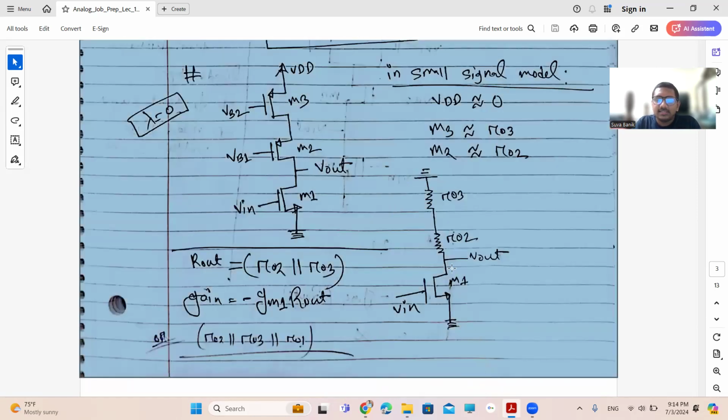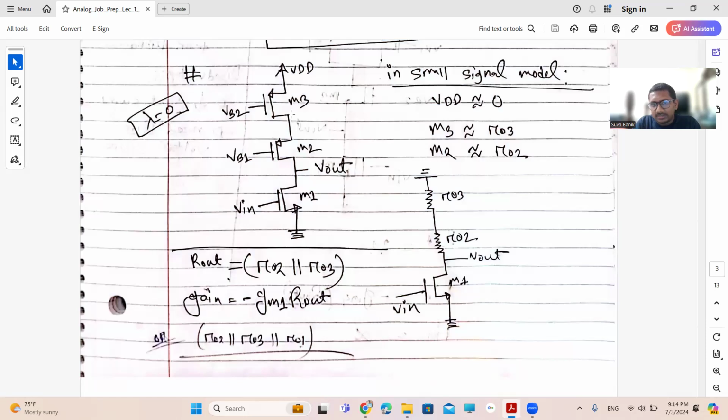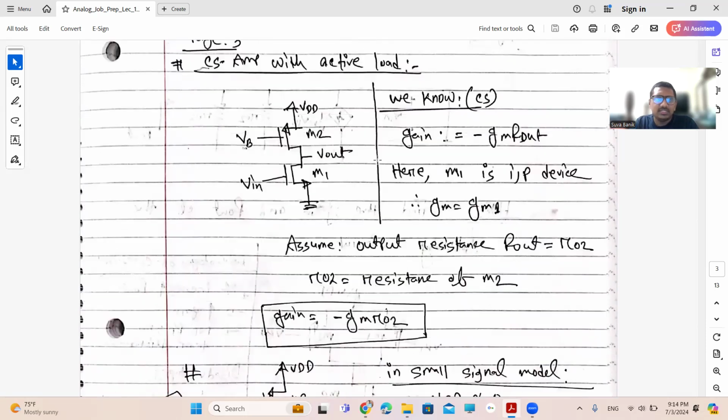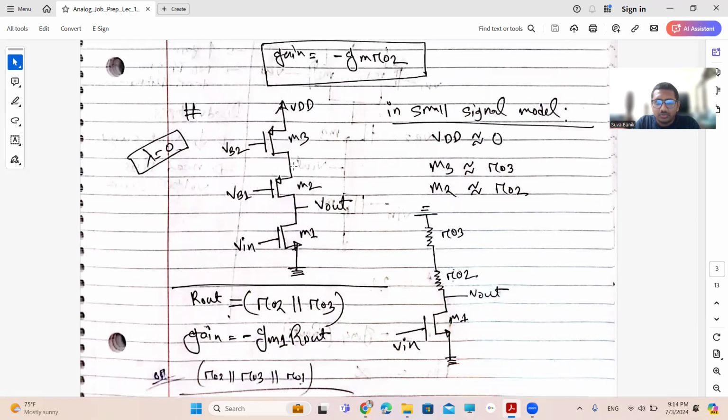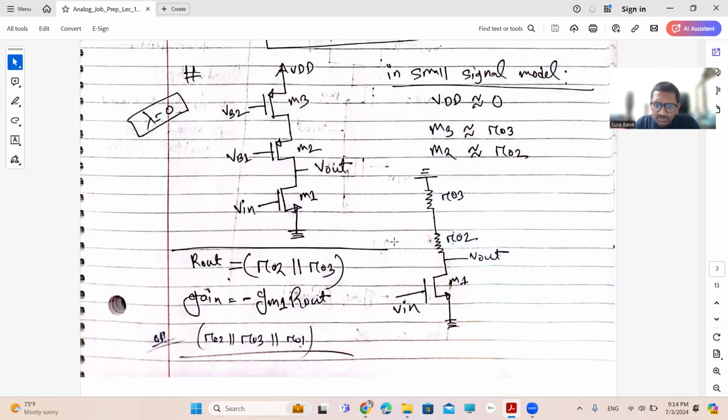We already know the output resistance of an active load is RO. So here we will find R3 for the M3 transistor and R2 for the M2 transistor. These two transistors are in series, right?